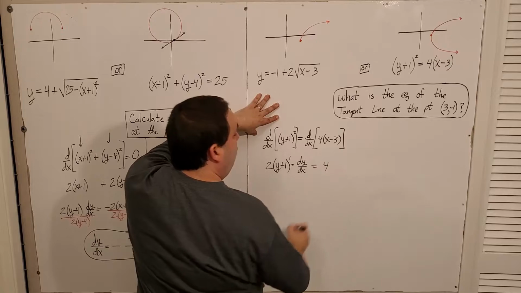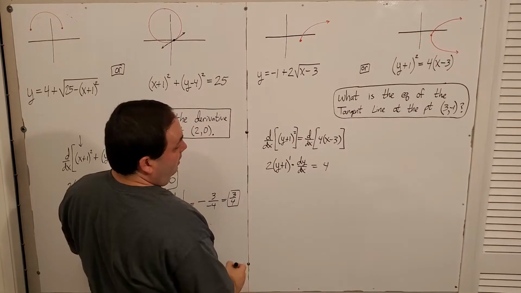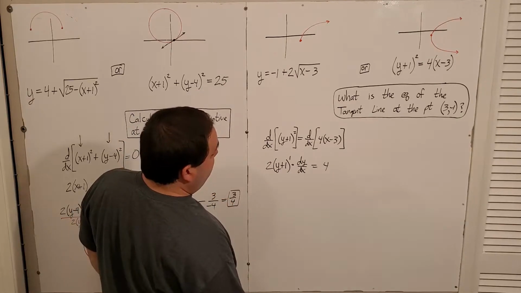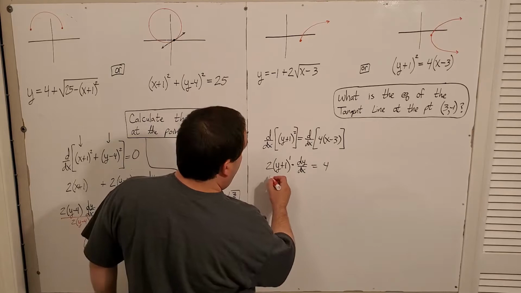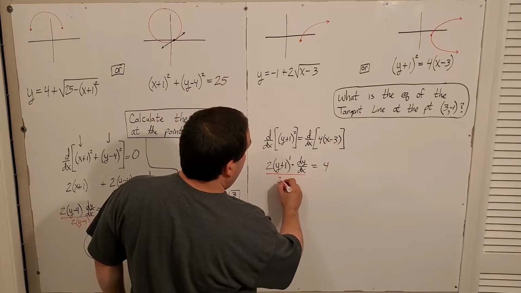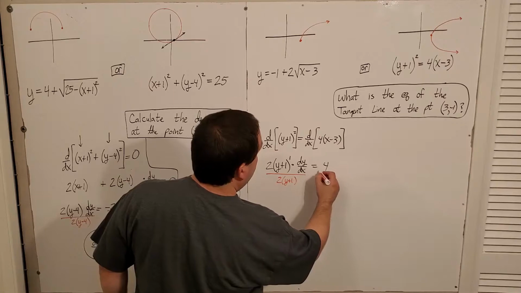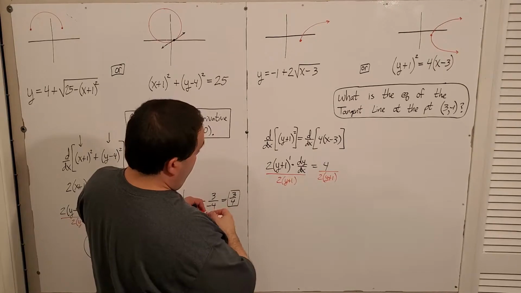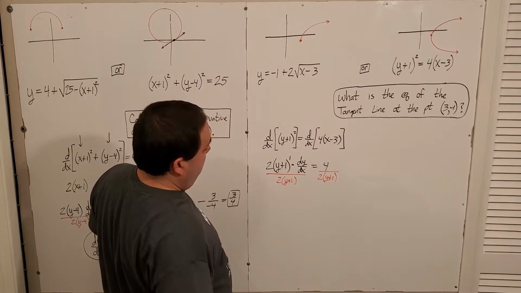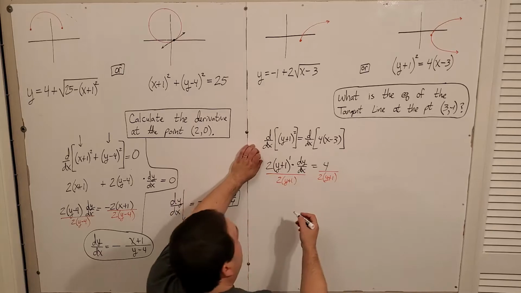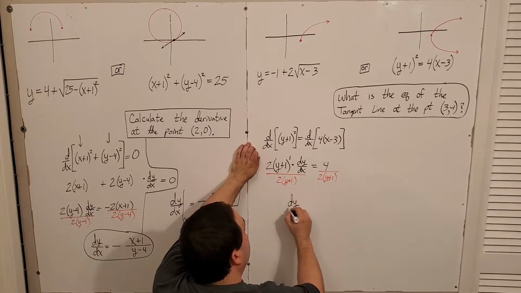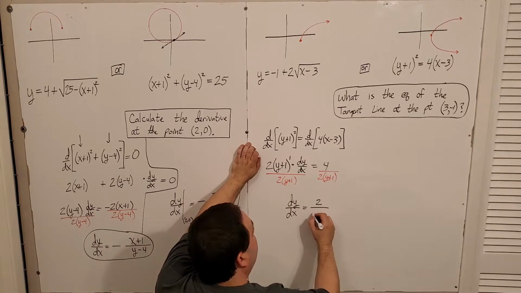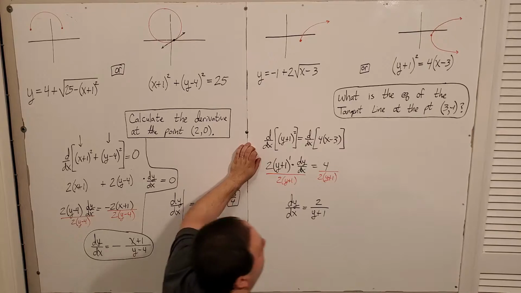So I'm getting just 4. Okay, so now to solve, I'm going to divide both sides by 2 times y plus 1, like so. Therefore, I get dy over dx here is equal to 2 over y plus 1.